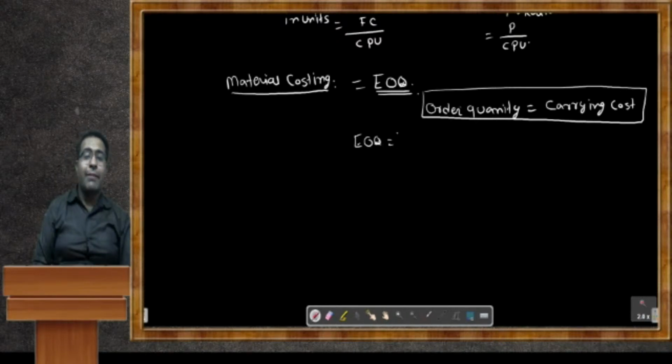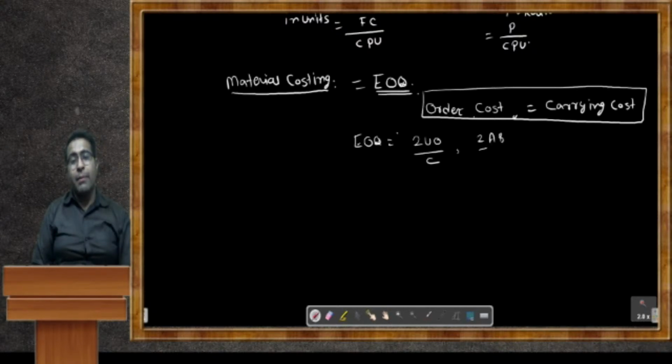EOQ is the level where order cost equals the carrying cost. EOQ is always calculated as the root of 2AB upon C.